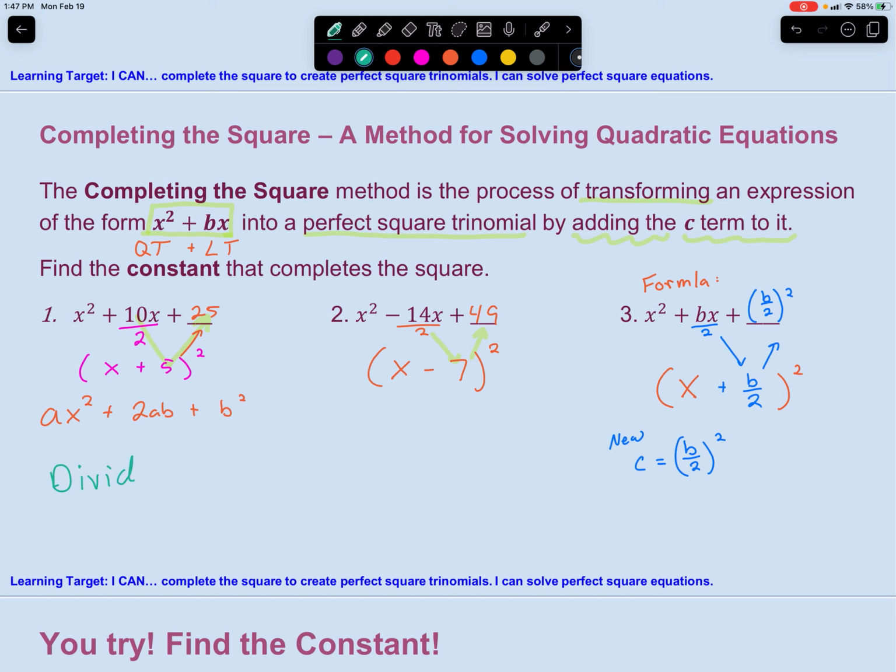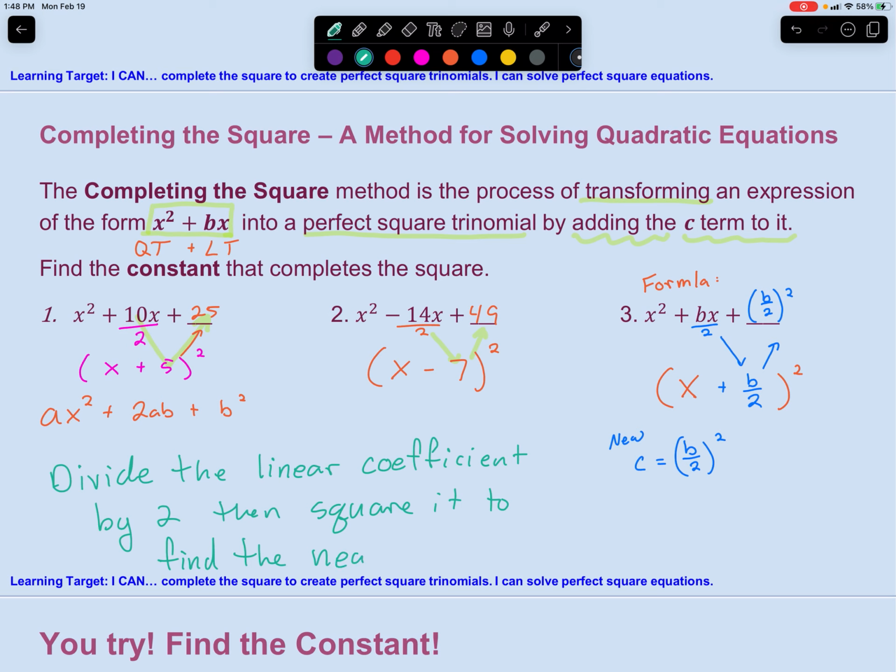Divide the linear coefficient by 2, then square it to find the new constant.